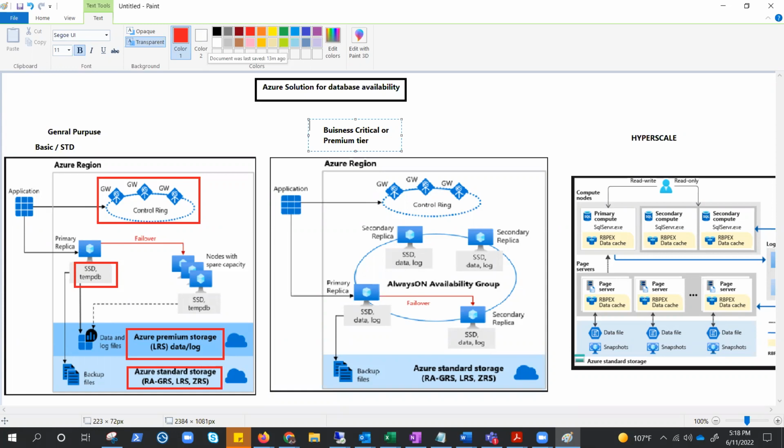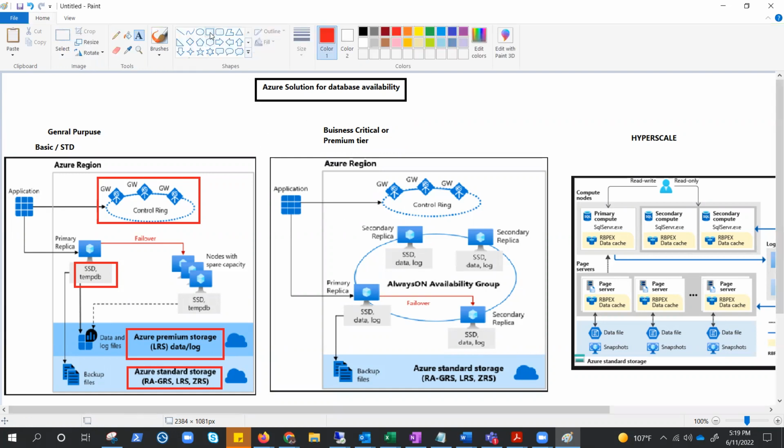So let's go ahead towards the architecture. Business critical or this premium tier is like deploying an Always On availability group behind the scenes. Even you can see right here, I have written down business critical as Always On availability group. Okay. So in business critical, the data and log files are all running on a direct attached SSD, which significantly reduces network latency.